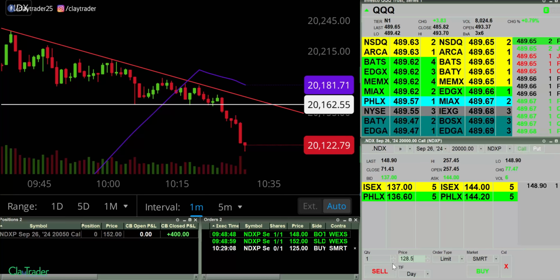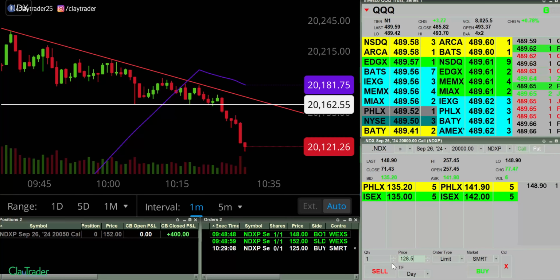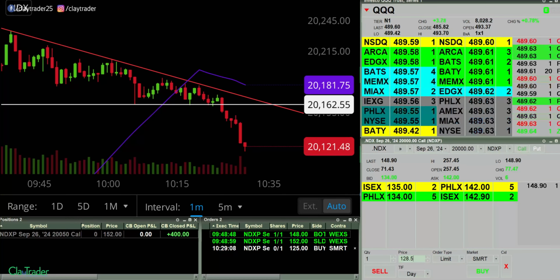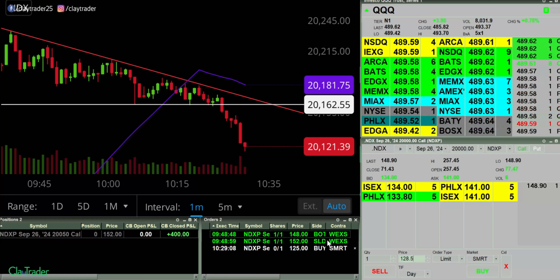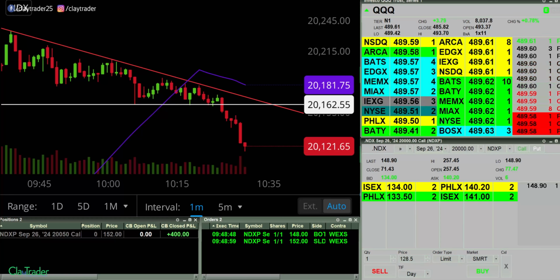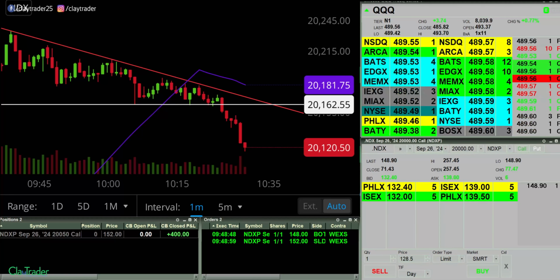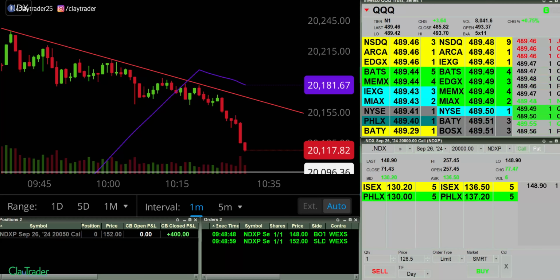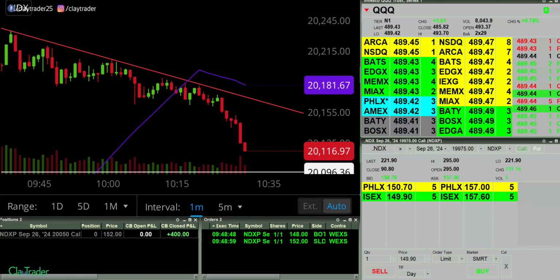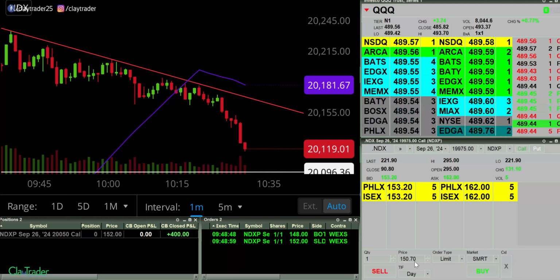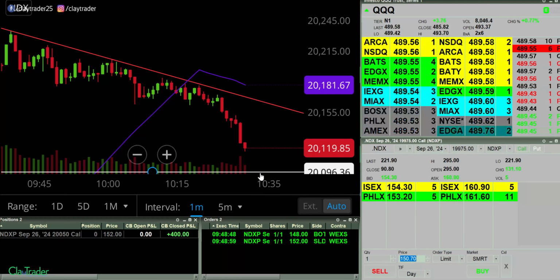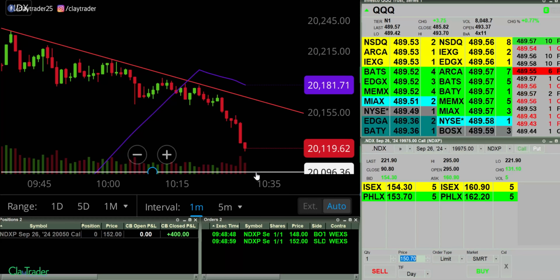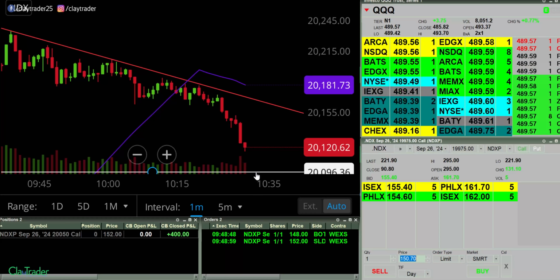I might be willing to raise my order, but gotta first see how, actually at this point, that white line is where I like the entry. So let's see if the price can get down to that white line, and then I would definitely be interested at that level. So I'll pause and we'll see if it can get down there.